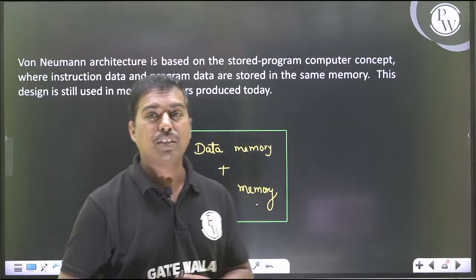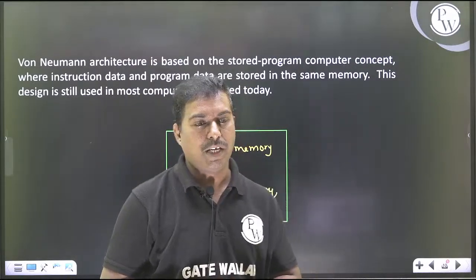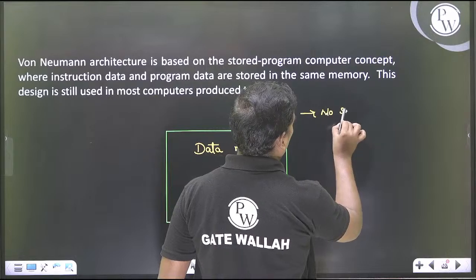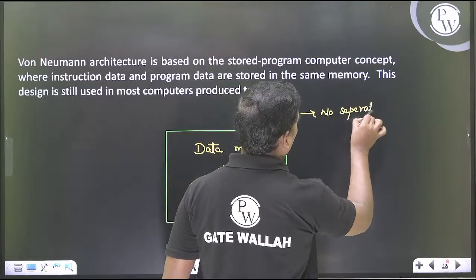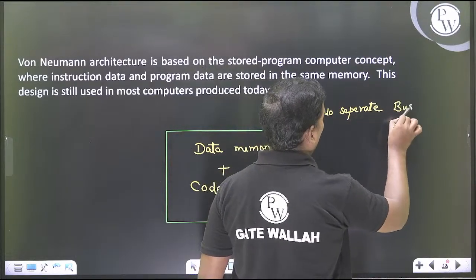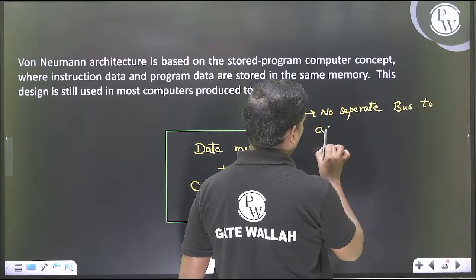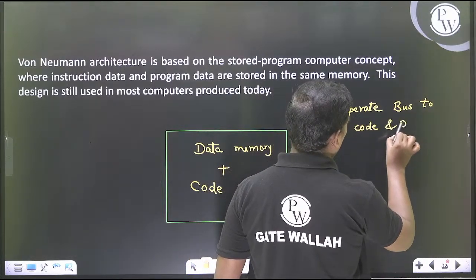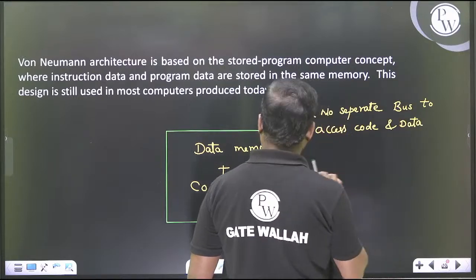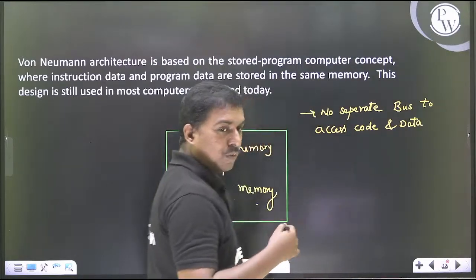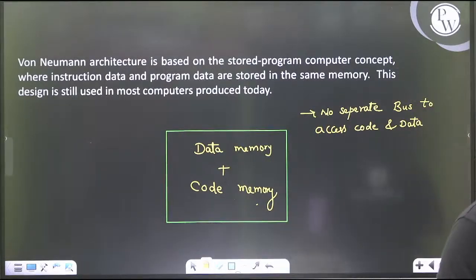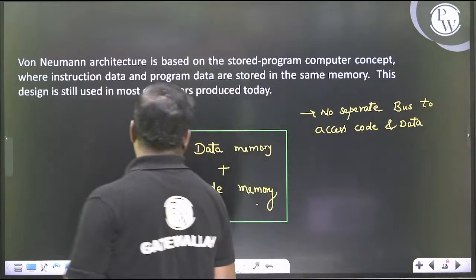We don't have separate bus lines to access code and data. So we have to switch between the data memory and the code memory.